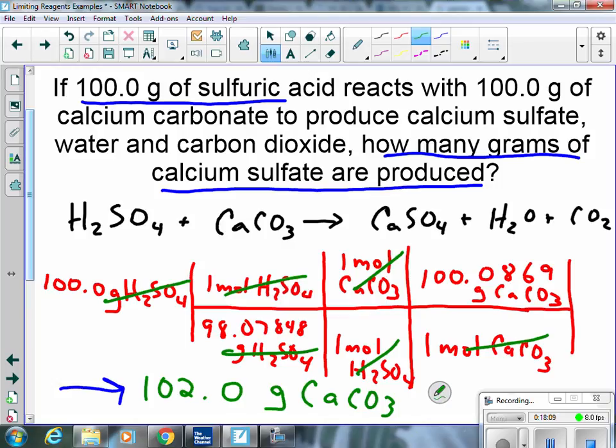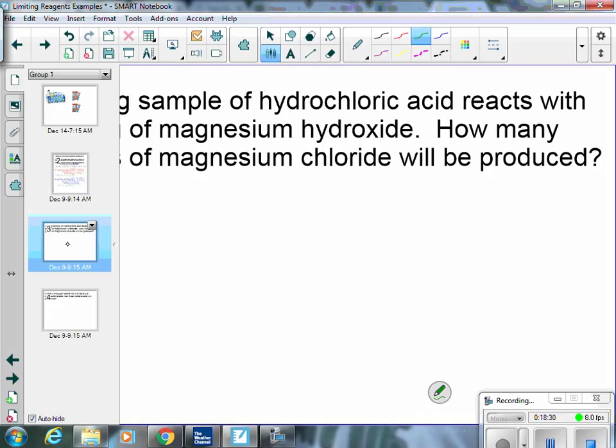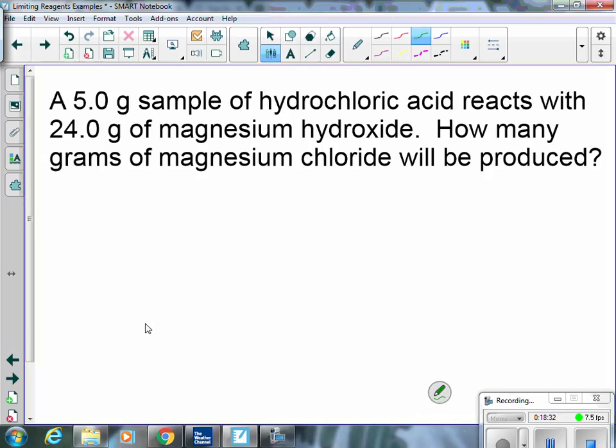Well, in this case, it was the calcium carbonate. So that's what this whole step in the red is right there, to determine which one I had left over, which one was there not enough of. Okay? Now, we're going to work another one, because like I said, I know this stuff is not easy. So go ahead and copy this down. Once you get it copied, we'll roll from there.